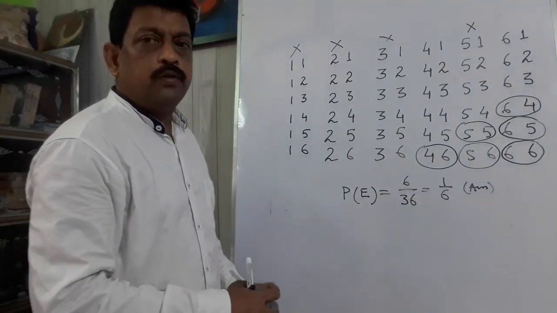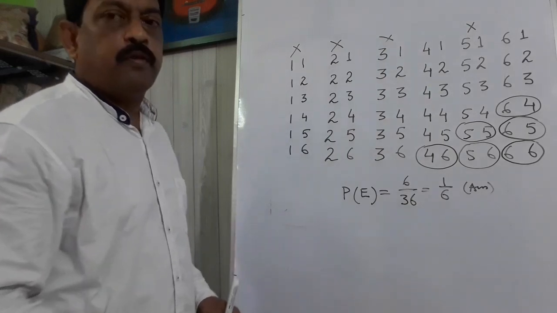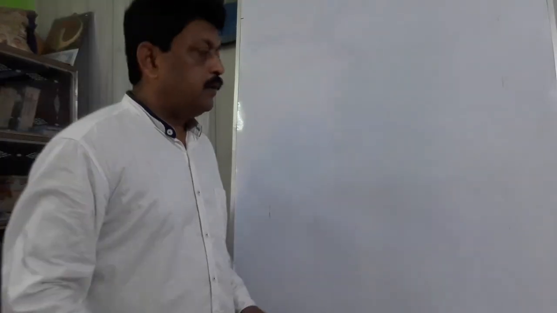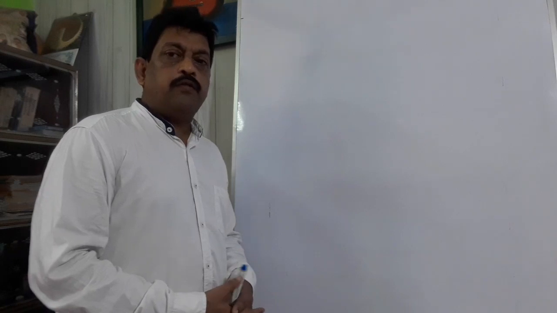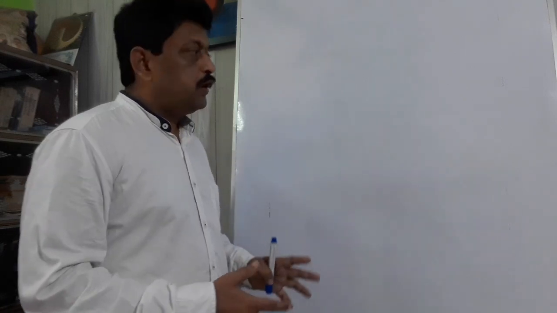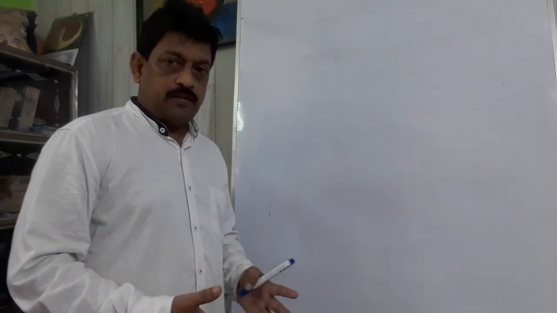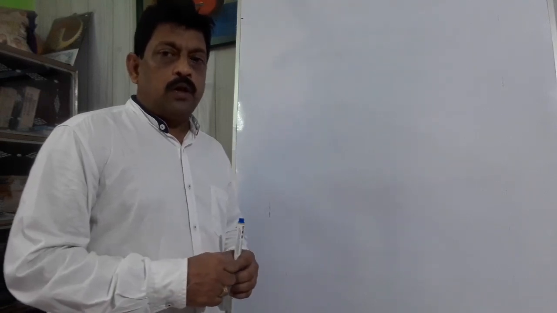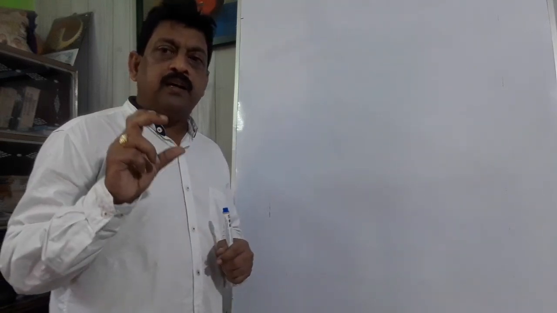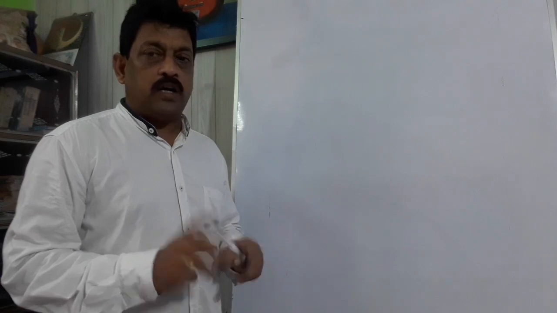Now let me go to the next part of probability. The next type of question from probability involves playing cards. You all know a playing card, a deck of playing cards contains 52 cards.